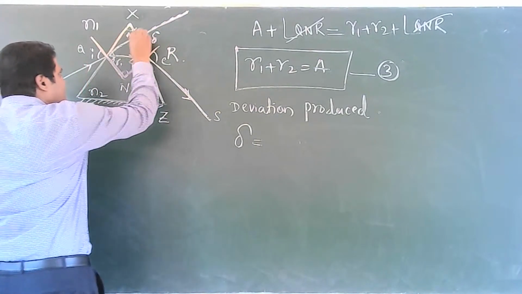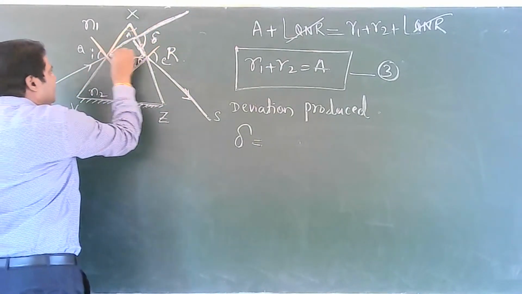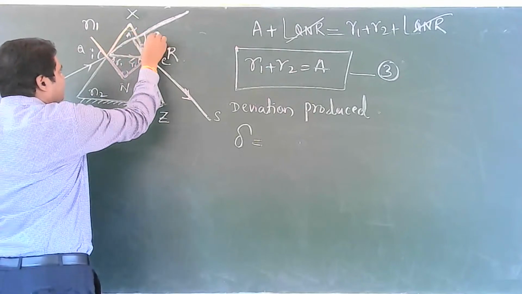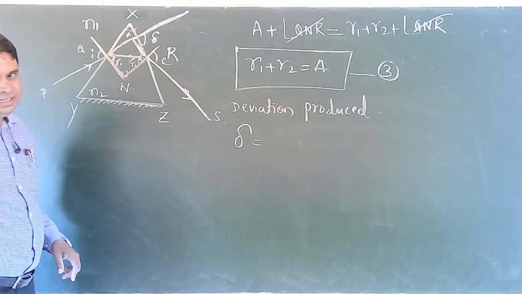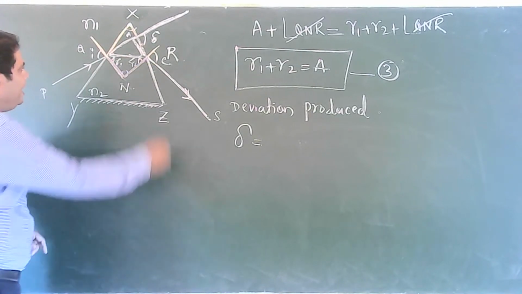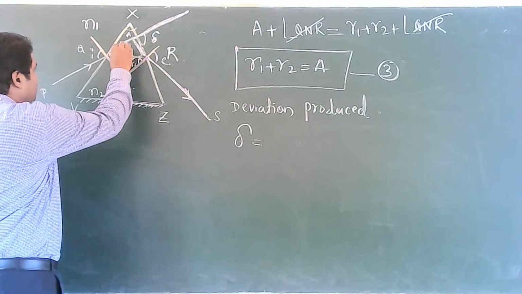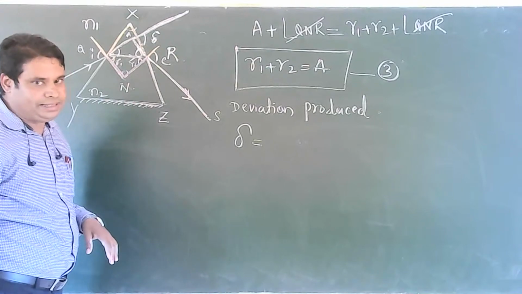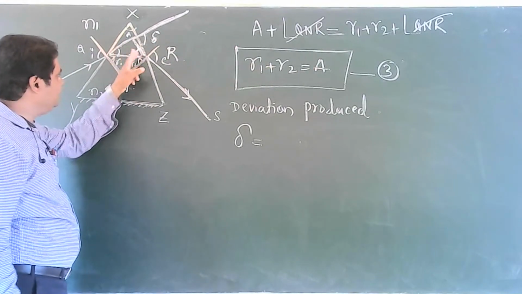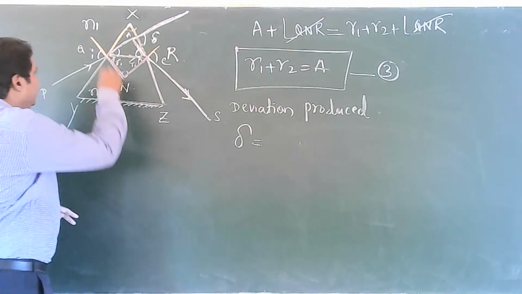In this figure, this delta is the exterior angle, and also delta is the deviation produced. This delta is equal to the sum of these two interior angles, the opposite interior angles.